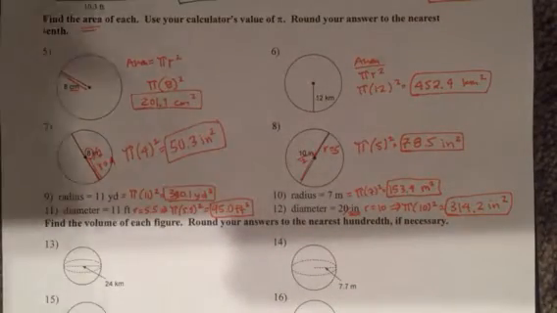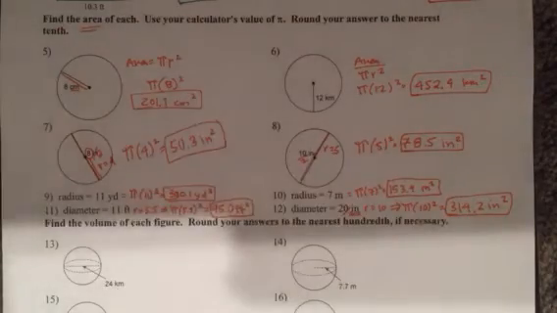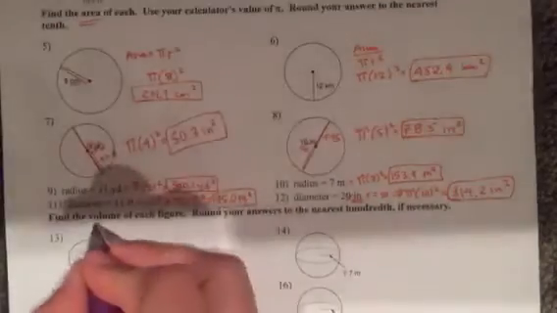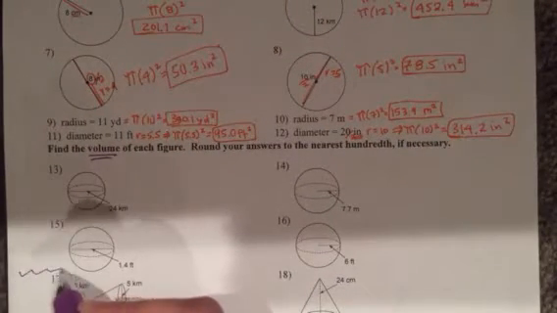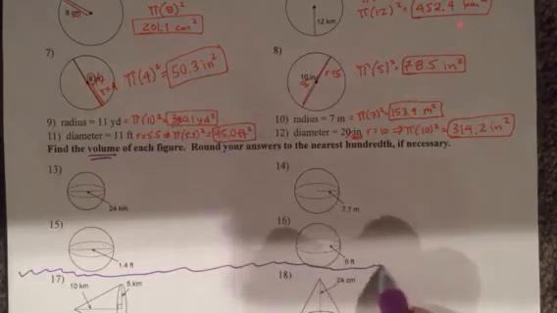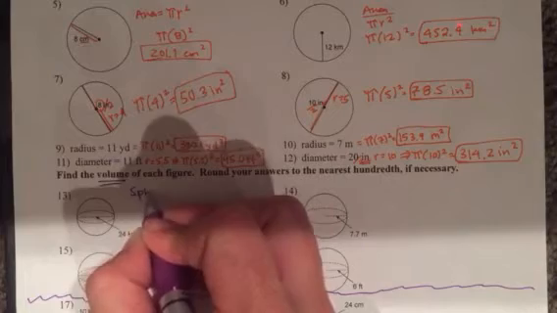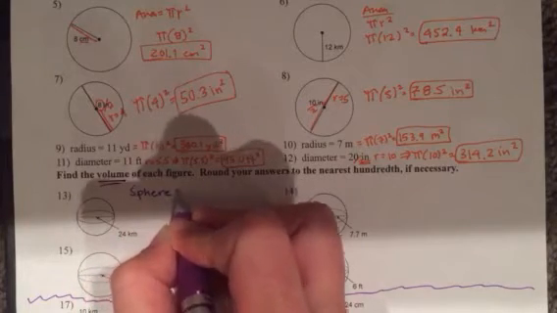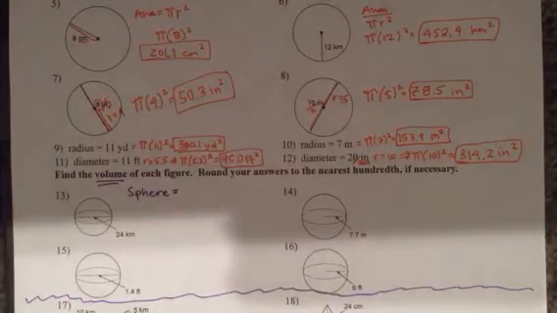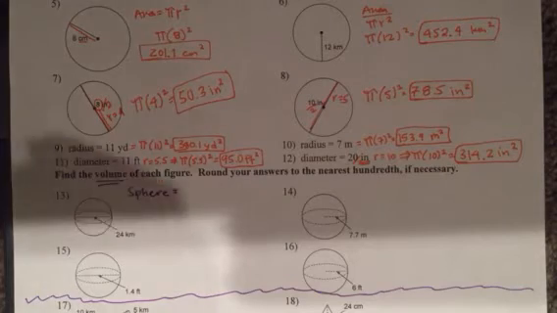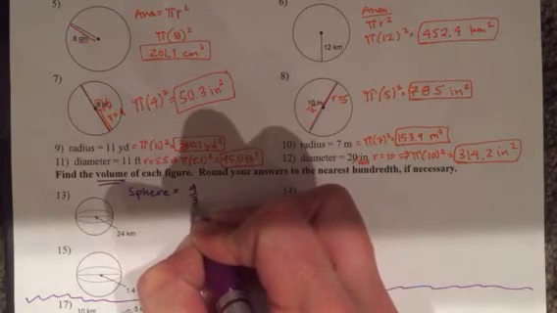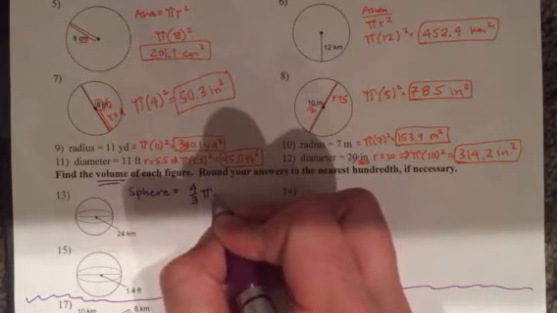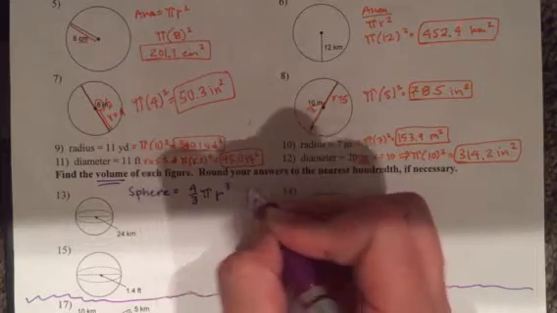Alright, now that we've gone over area, let's go to volume. We are finding the volume. These first 4 shapes are spheres. The formula for a sphere is 4/3 pi r cubed.